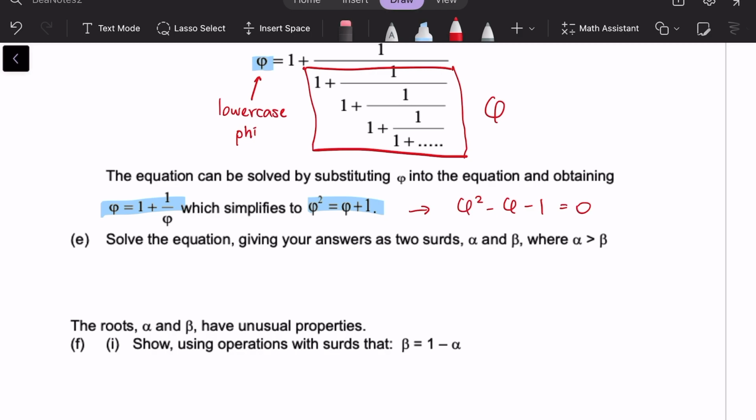Okay, so I'm going to be using the quadratic formula to solve this, just because I find this the easiest method, but you can solve it in any method you like. Phi equals 1 plus or minus root 5 on 2.